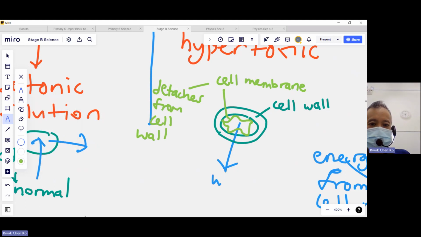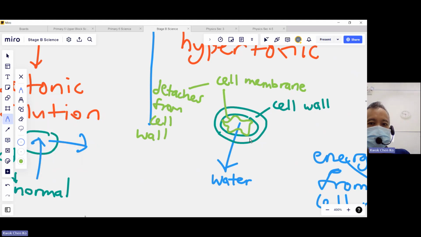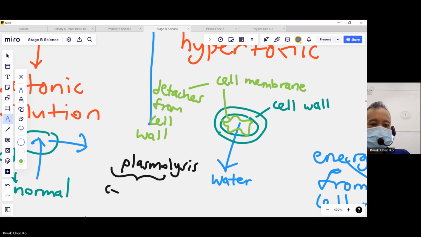Okay, water is coming out. Now, no surprise, there's a word for this observation. It is called plasmolysis. The plasmo here refers to the cell membrane, because sometimes they call the cell membrane plasma membrane.